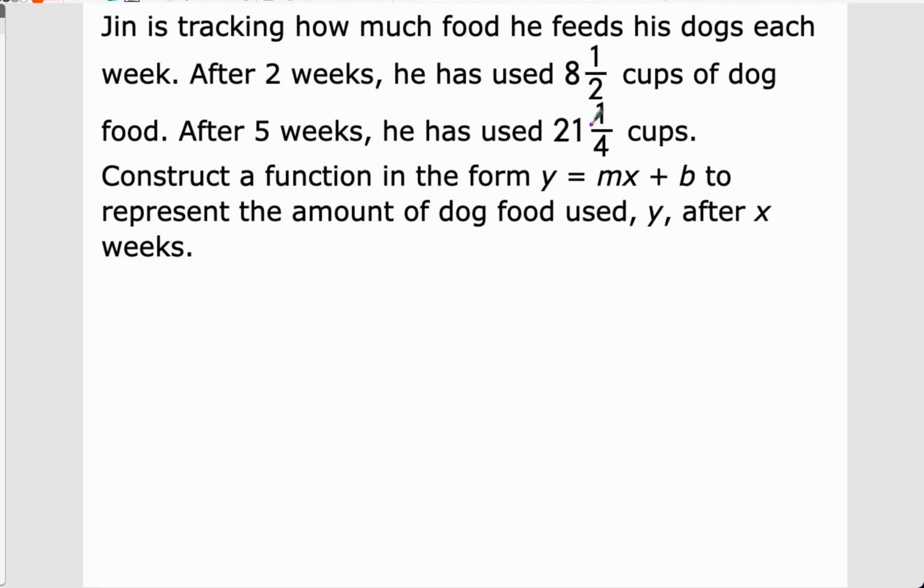I can find my slope. Once I have found my slope, I can then plug some numbers into the slope-intercept formula and solve that to find my y-intercept. Okay, so first things first, let's find the slope. 21, and I'm just going to use decimals. Decimals are going to be my friend on this one. 21.25 minus 8.5 over 5 minus 2.